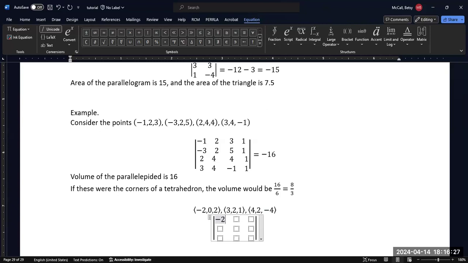So we would have -2. And you can put them in rows or columns. It honestly doesn't make any difference. Doing the transpose of a determinant does not change the value of the determinant.